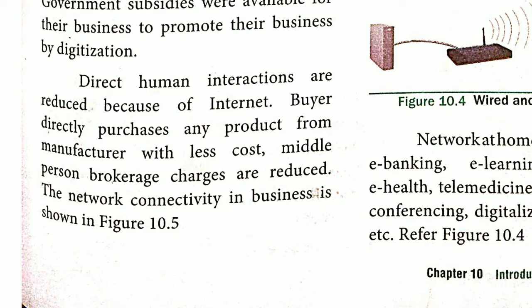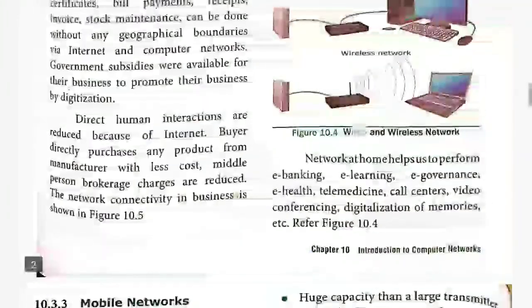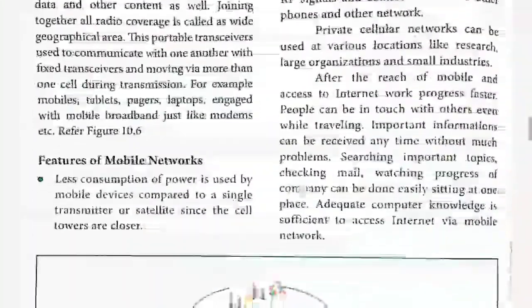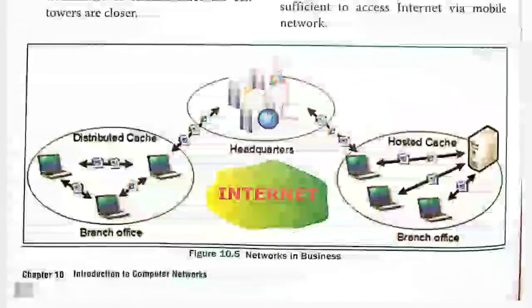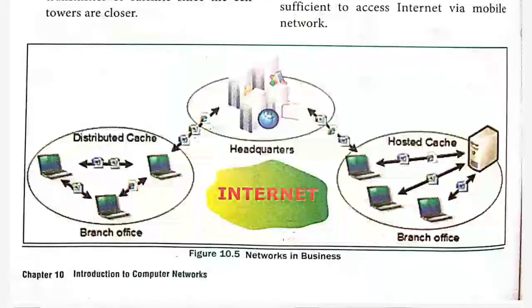The network connectivity in business is shown in figure 10.5, which is available on the next page. We'll see that. This is how computer networks provide data sharing and communication in business.